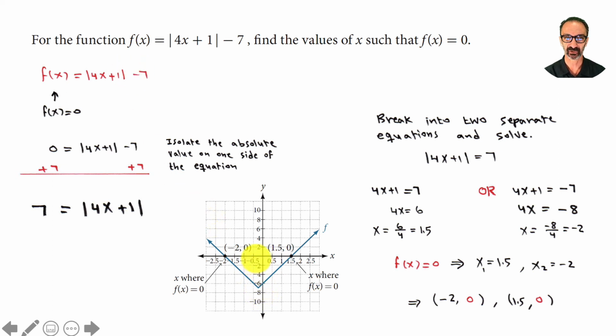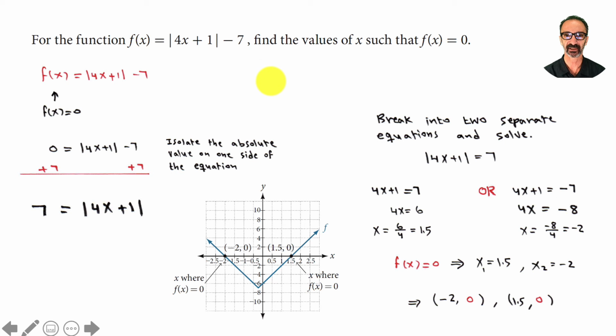I'm not going to go into much detail about this point here, but you could do it by pulling the 4 out and seeing this as 1/4. But that's not what the question is about. The question is about, how do you solve algebraically absolute value equations or functions.